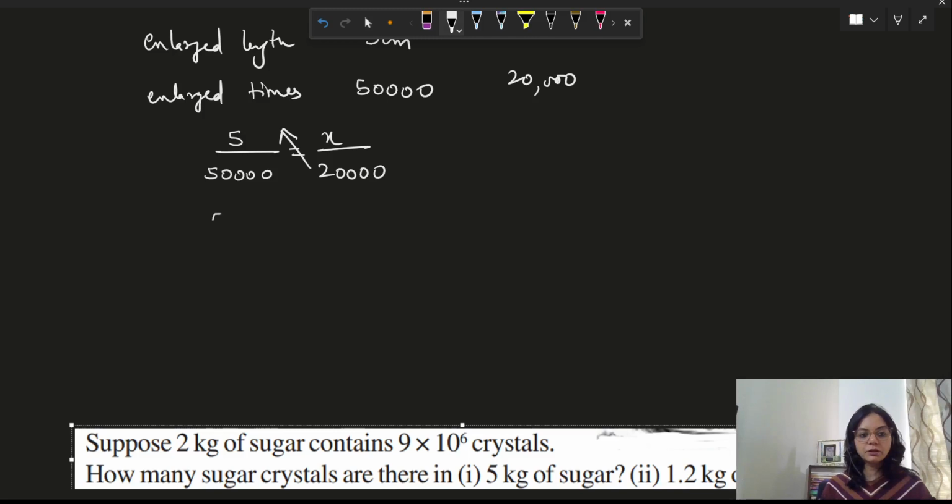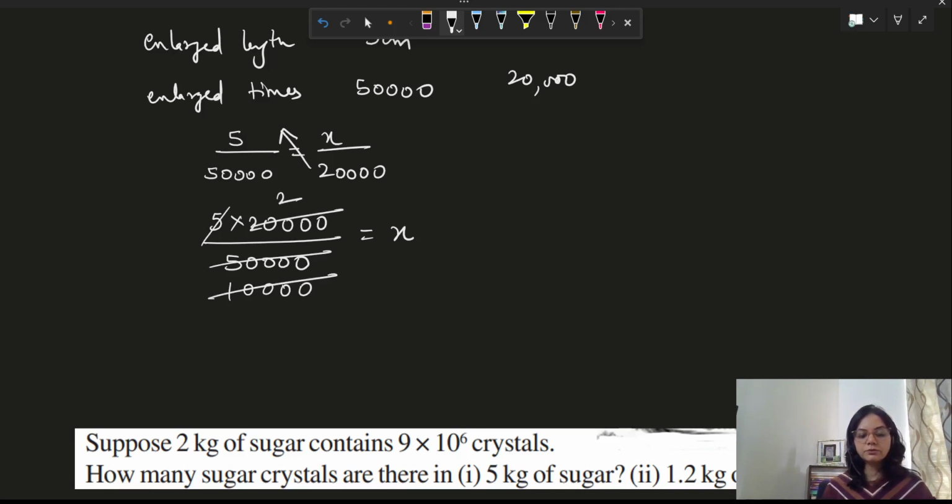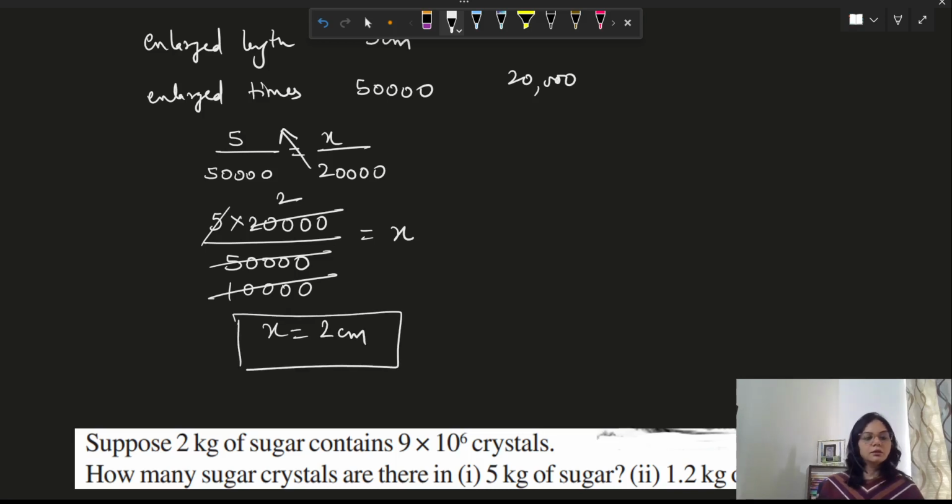I'll come up with another one where I'll solve more questions. So over here, if I calculate, I can cancel, and then here it will go by 2. So x comes 2. So when you enlarge it 20,000 times, the length enlarged is 2 centimeter only.